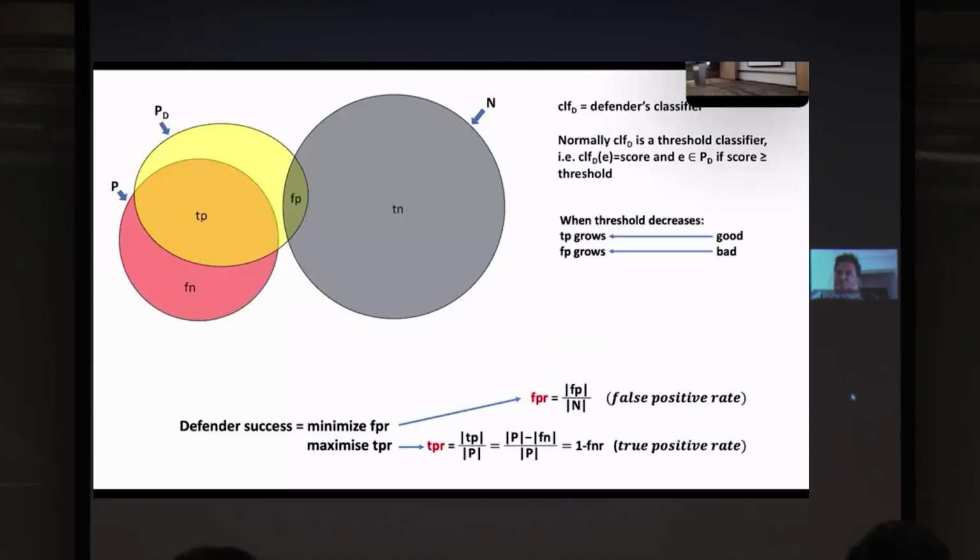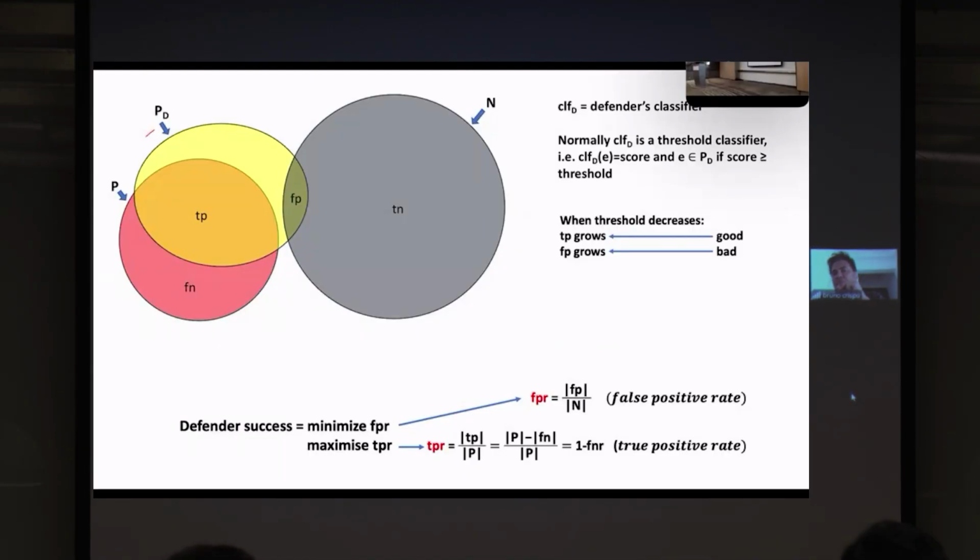Just to mention here that we have the threshold. What is the effect of the threshold? If you have a smaller threshold, it means that this yellow box gets bigger, and getting bigger, you have a positive effect because TP grows, so you capture more true positives, but also the false positives grow.